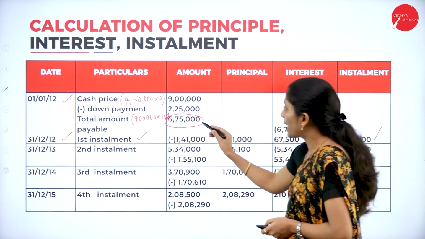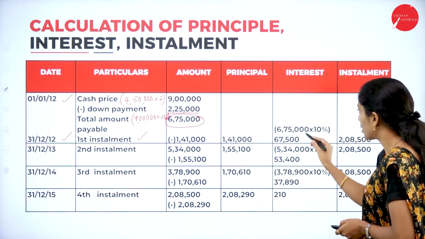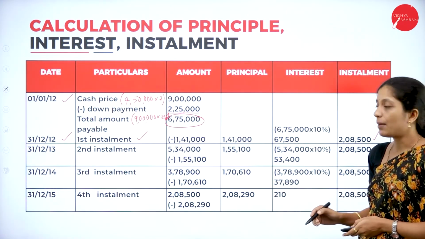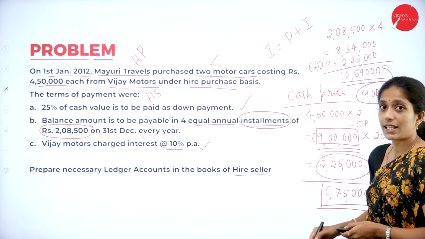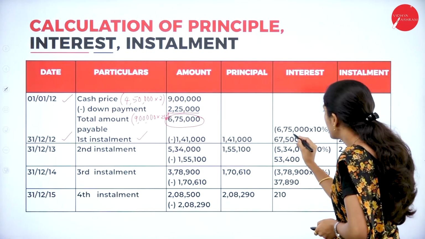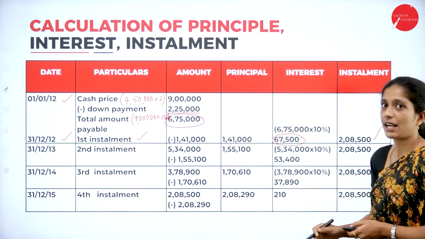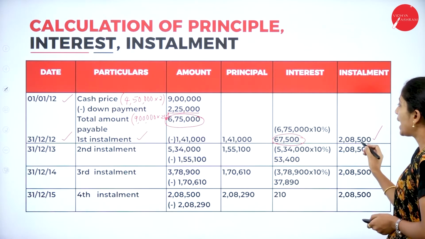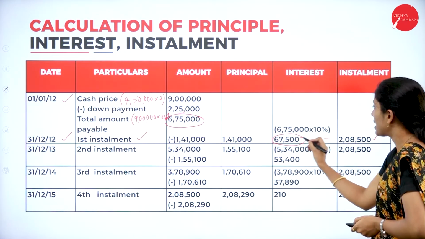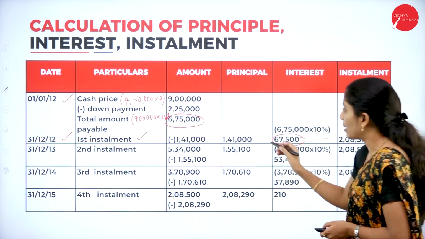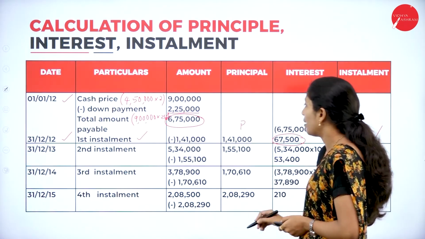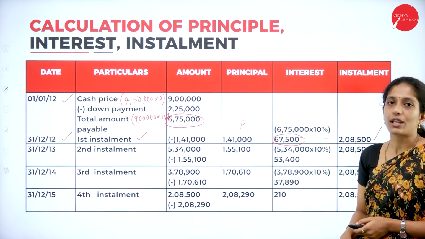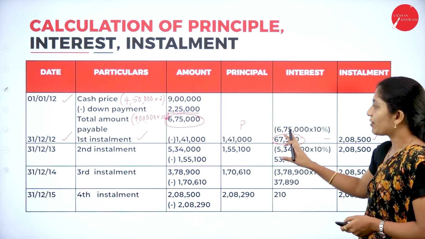What is the amount payable in the first year? 6,75,000 into 10% interest, so we'll get 67,500. Now 2,08,500 minus 67,500 will get the principal amount, which is 1,41,000.